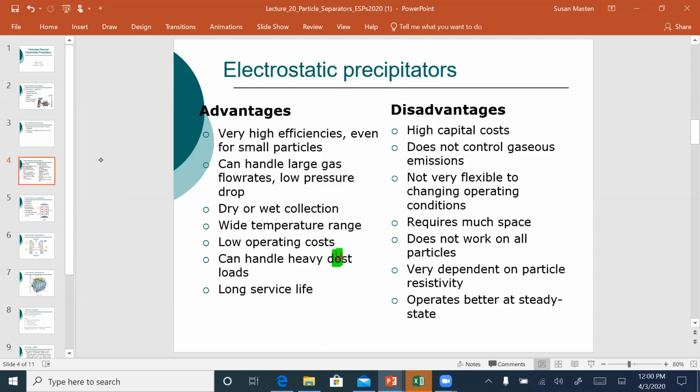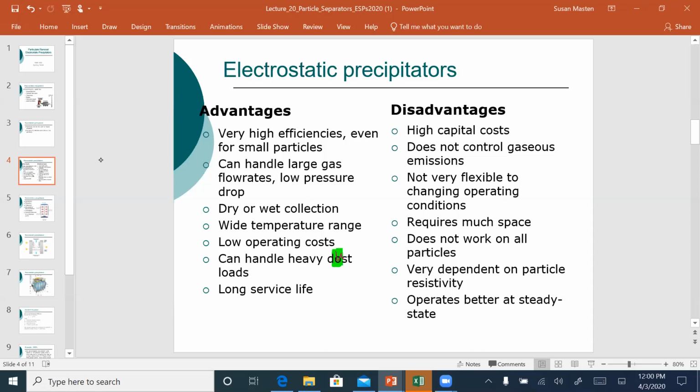So they will remove particulates, but they don't remove anything in the gas phase. So for instance, if you have sulfur dioxide and particulates, these will remove the particulates, but they won't remove the sulfur dioxide.